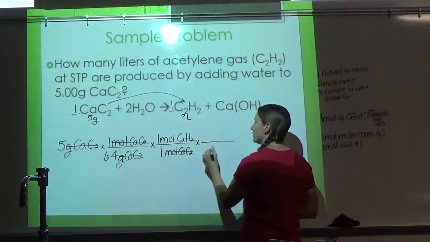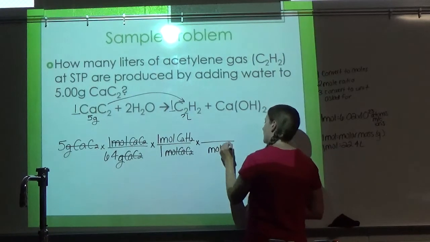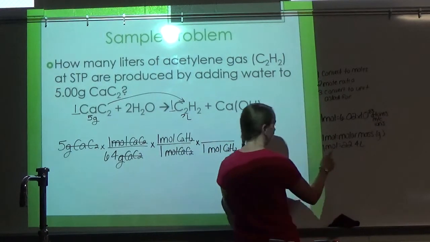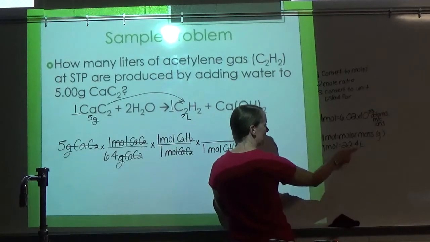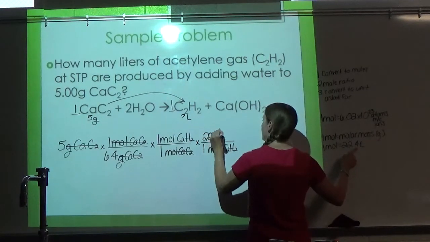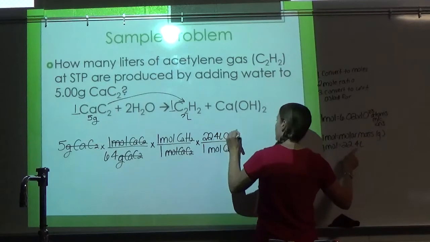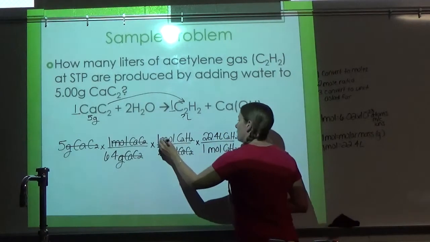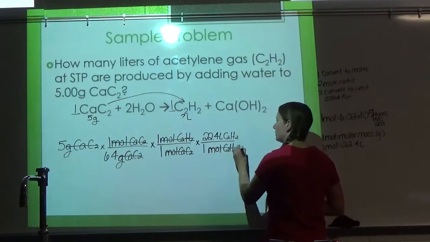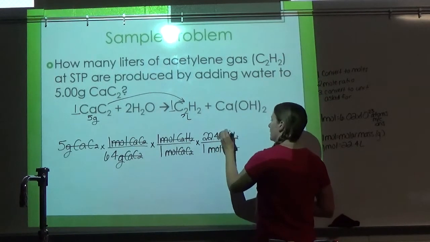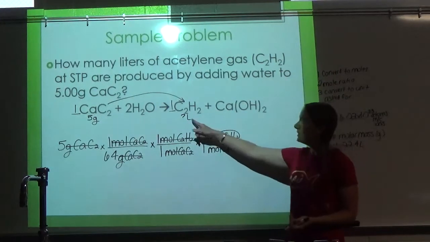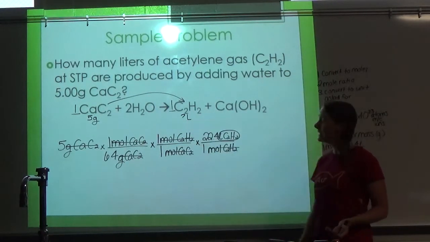Moles of C2H2 is on top, so moles of C2H2 goes on bottom. 1 mole equals how many liters? 22.4 liters. Then moles of C2H2 cancel, and I'm left with liters of C2H2, which is what I want, liters of acetylene.